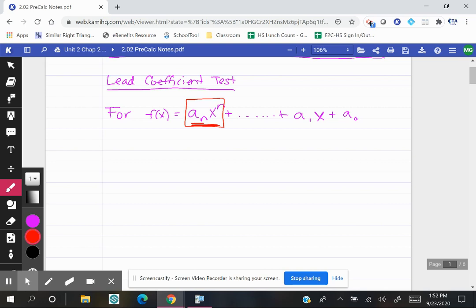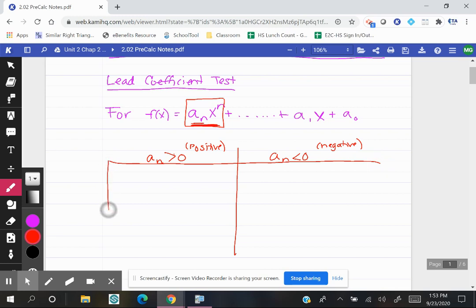So we're going to make a little chart here. If a sub n is greater than 0, we're going to have, if a sub n is less than 0, so that's going to be if it's negative. If it's less than 0, here is if the first term is positive.